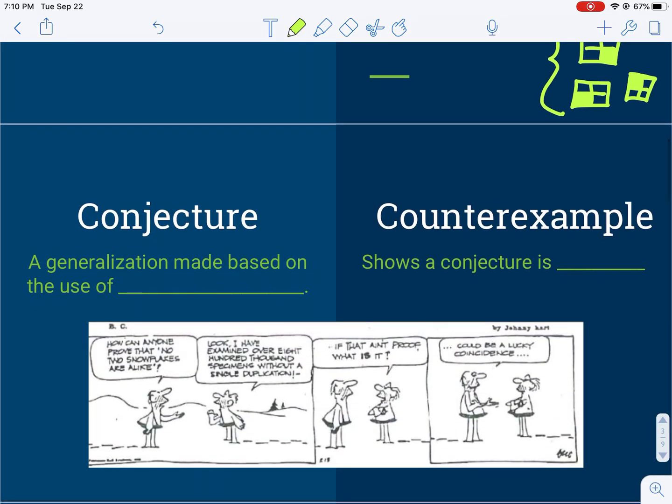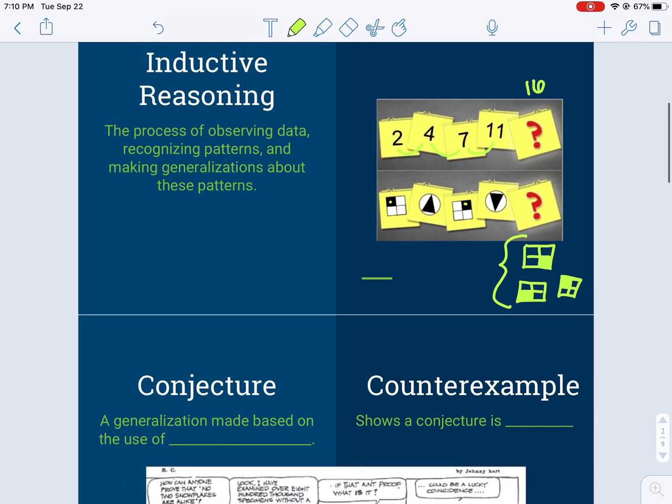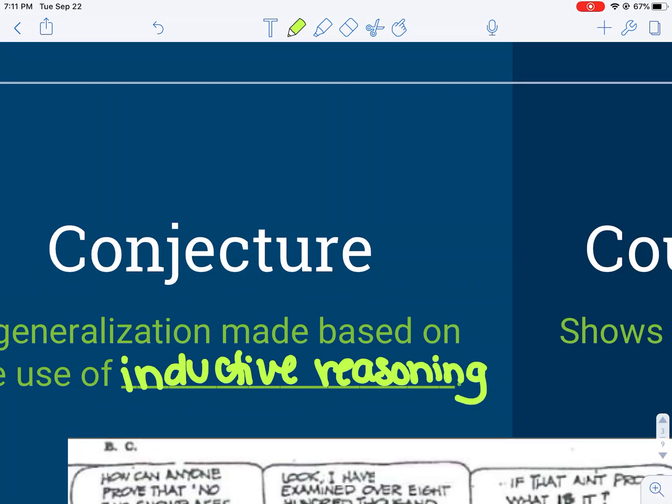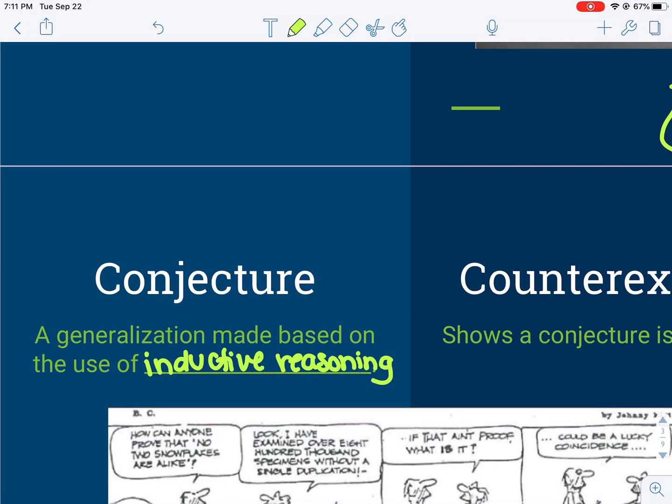When I take those patterns and I make a generalization based on that inductive reasoning, that is called a conjecture. So if I put a rock in water and see that it sinks, and then I do it again, and then I do it again, and I say, aha, all rocks sink, that's my conjecture.